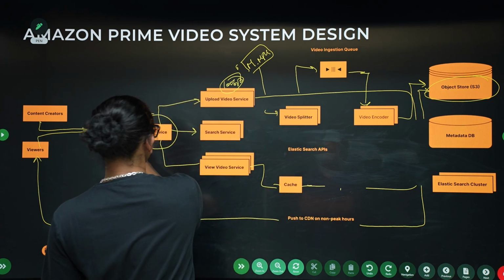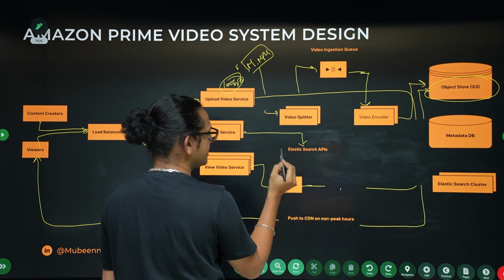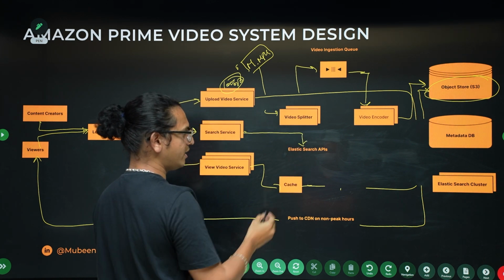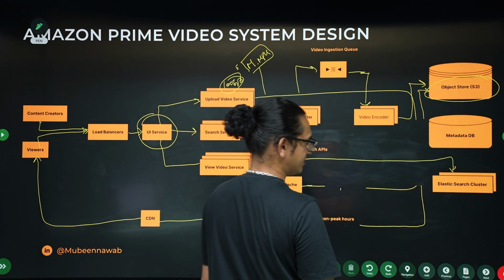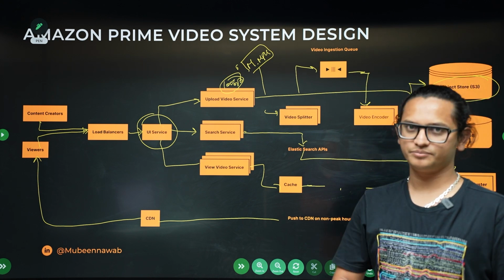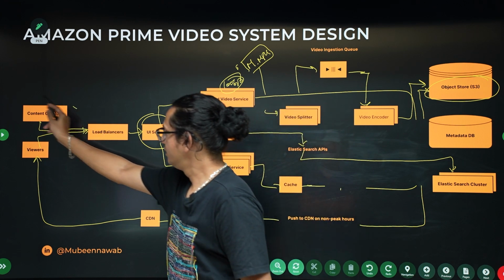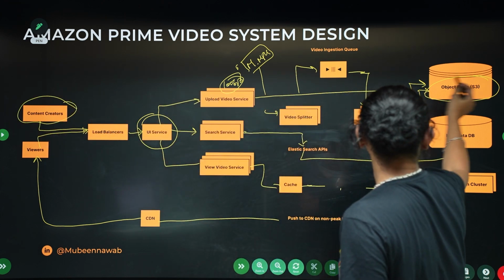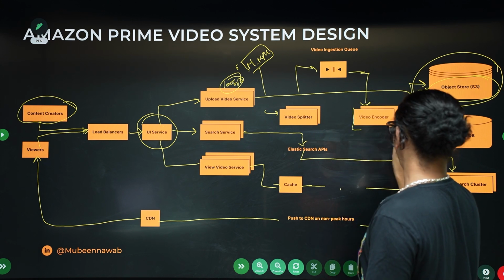Whenever the viewer uses the search services, the Elasticsearch APIs are implemented to fetch the details using the Elasticsearch cluster. So this is how all these things get implemented, where a content creator can upload a video into the object store using different encoding formats.